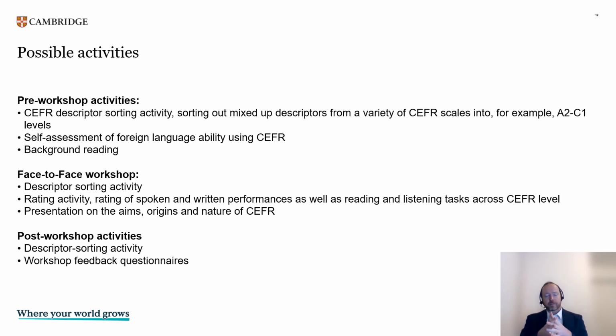Also during the workshop, mainly at the beginning, there is probably a presentation of the aims, the origins, and the nature of the CEFR. It's important that people understand the purpose of what you're trying to do here. You're trying to align to something, so you need to understand what its purpose really is. Then after the face-to-face workshop, it's always wise to do some more descriptor sorting activity.